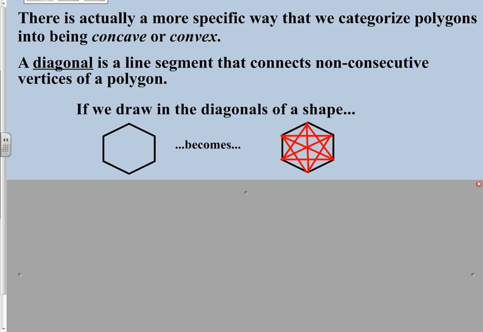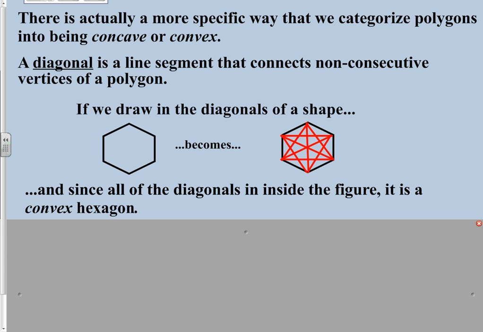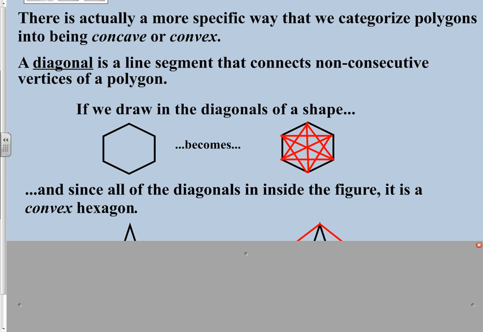Okay, but the important thing to notice is that all of the diagonals for the polygon, none of them occur outside of the figure. They are all contained within it. And when that happens, that is a characteristic of a convex polygon. In this case, it's a hexagon. Okay, all of the diagonals contained inside of it.